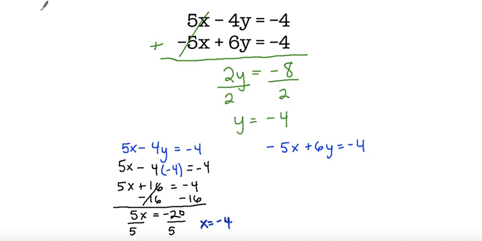And so let's solve over here and see if we get the same thing. So we have negative 5x plus 6 times negative 4 is equal to negative 4. So we have negative 5x, and we have positive 6 times negative 4, which is negative 24, is equal to negative 4. So we add 24 on both sides.